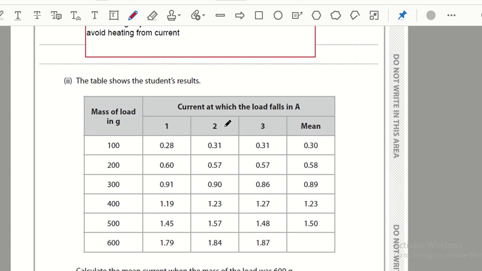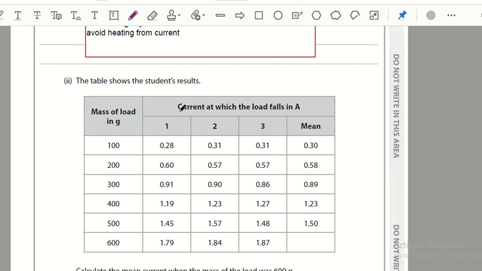Here is the table of results. Here is the mass that the student put near the electromagnet at the start of the experiment, and when he reduces the current gradually and finds the current at which the 100 gram mass falls, he found the result 0.28 ampere.